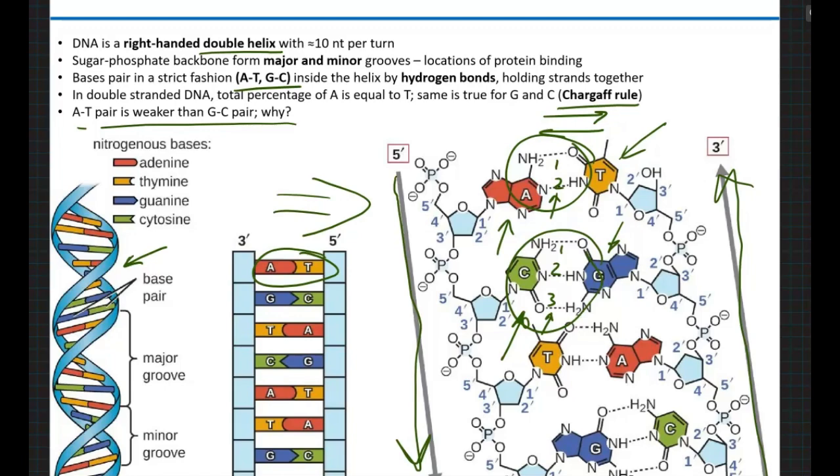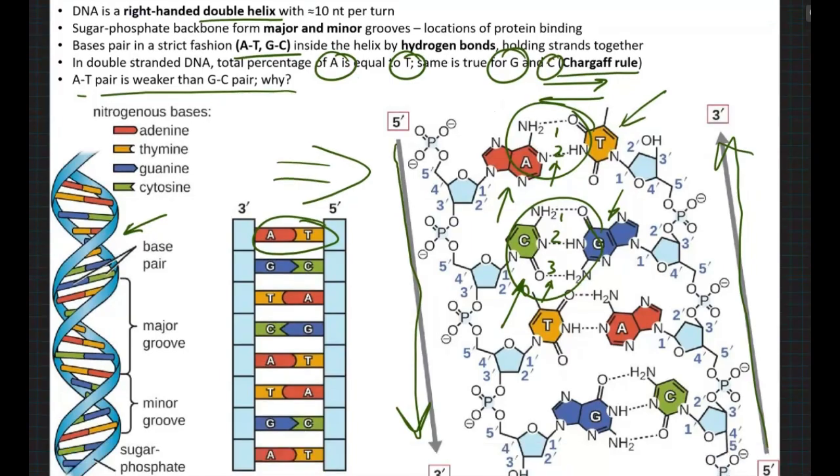So Erwin Chargaff was working with DNA. He didn't know the structure. And what he discovered, through chemical analysis, is that the share of adenines was always the same as the share of thymines, and the share of guanines was the same as the share of cytosines, which actually makes perfect sense if you think about that.